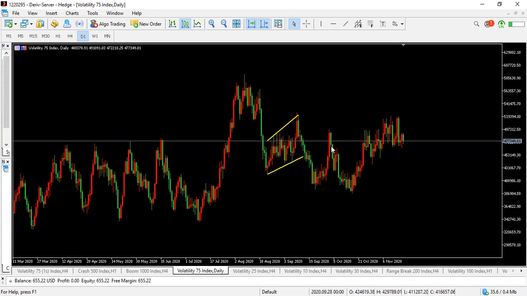But there is another issue, guys. We're at this level. You see, there was something like a double bottom here. This is the first touch, and this is the second touch. So it gives us the confirmation of a double bottom.